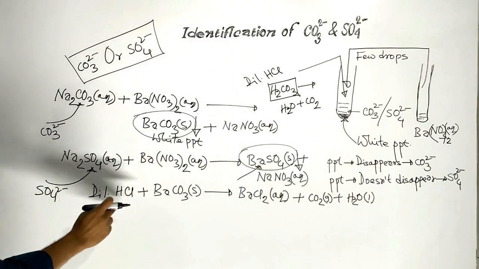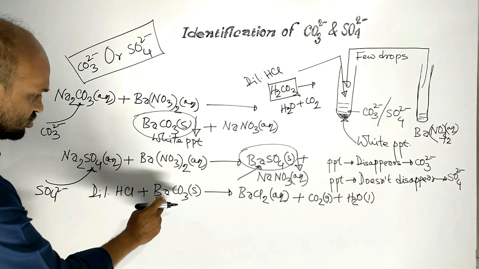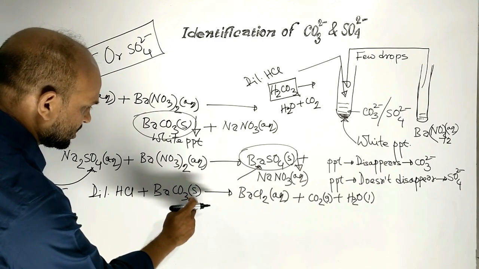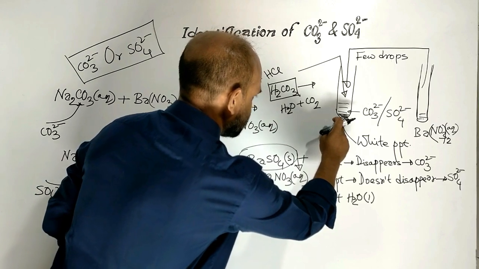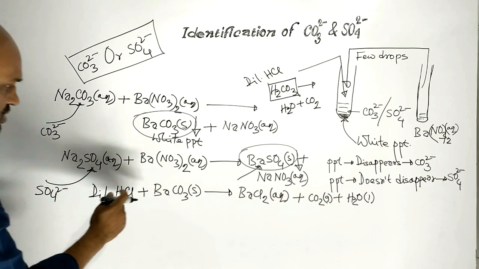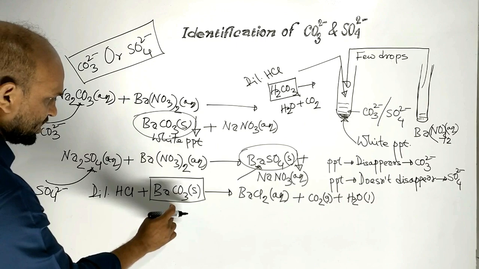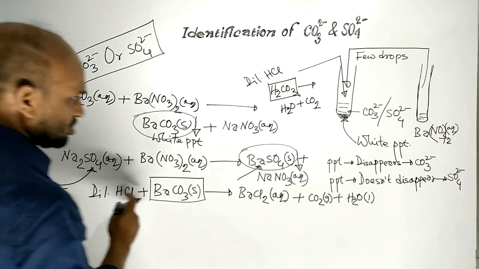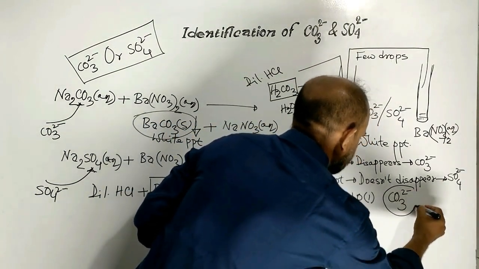So when diluted hydrochloric acid reacts with the barium carbonate precipitate, it means the white precipitate disappears reacting with diluted hydrochloric acid. Then this disappearance of white precipitate reacting with diluted hydrochloric acid confirms the presence of carbonate ion.